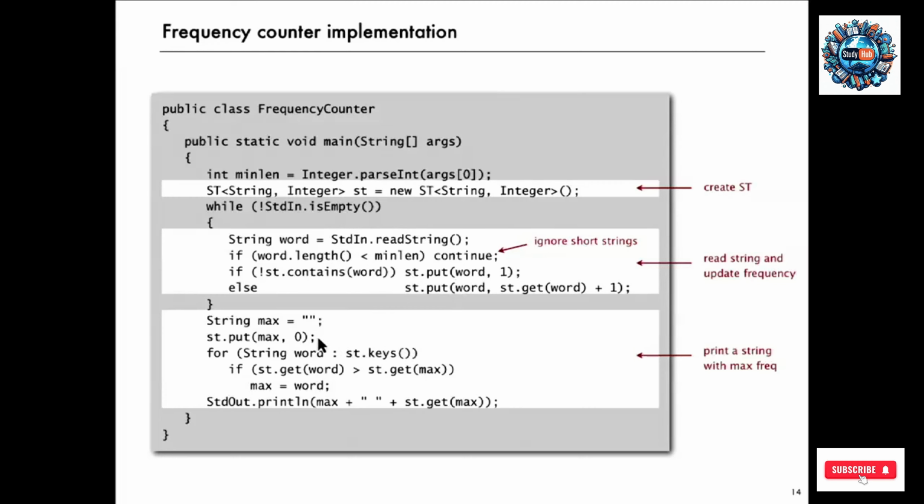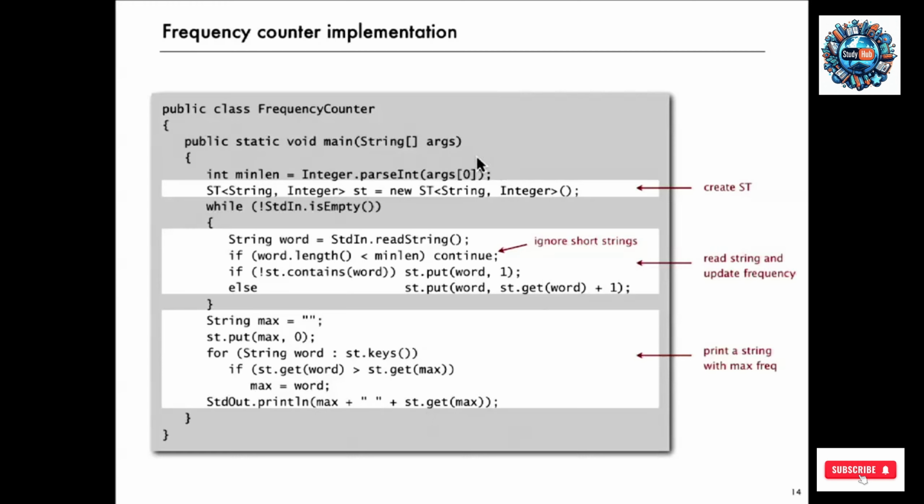And then we'll have a client that uses the iterator going through all the keys in the symbol table. It'll get the value associated with each key. And if that's bigger than the maximum found so far, we'll save that away and then print out the word that occurs the most often along with its frequency.